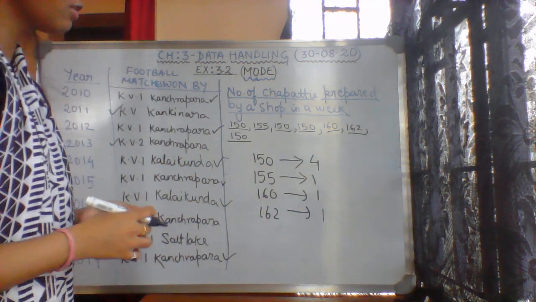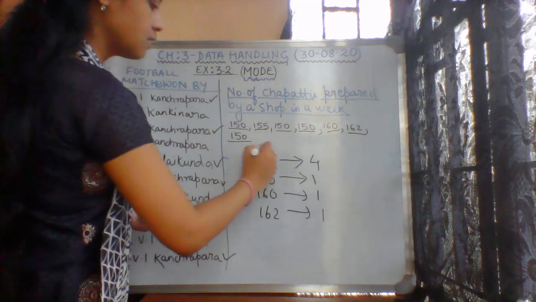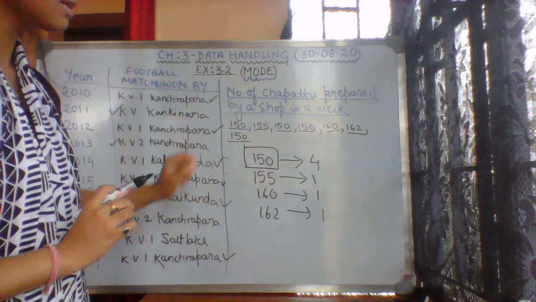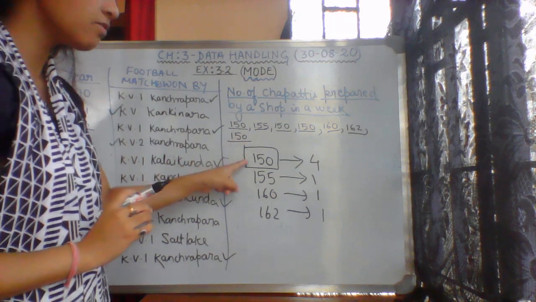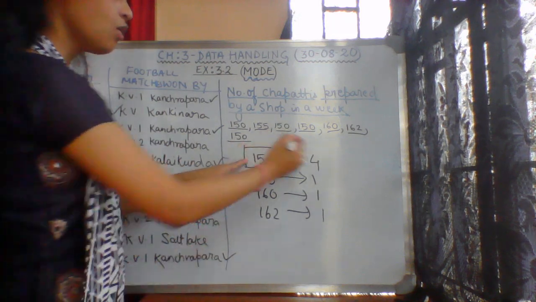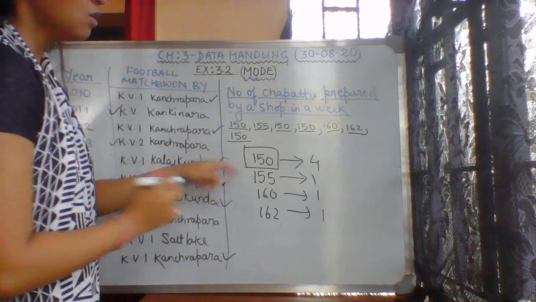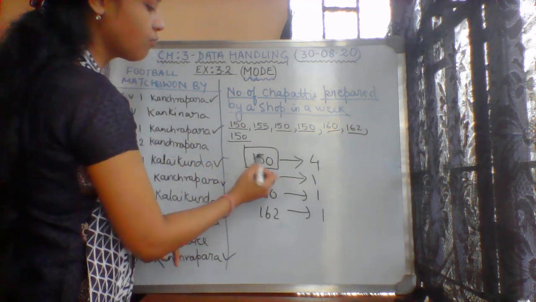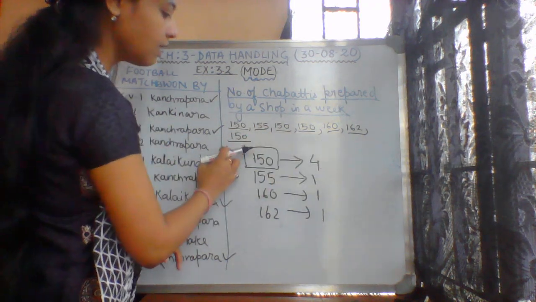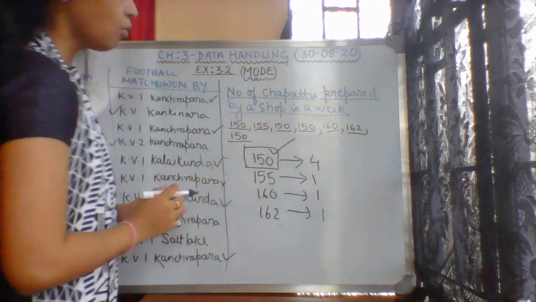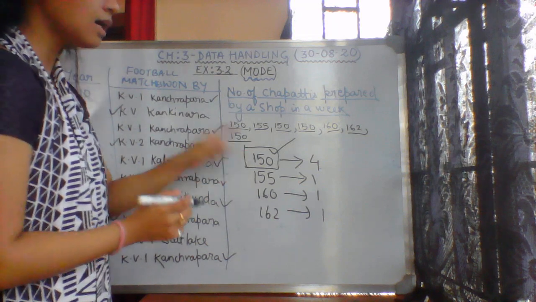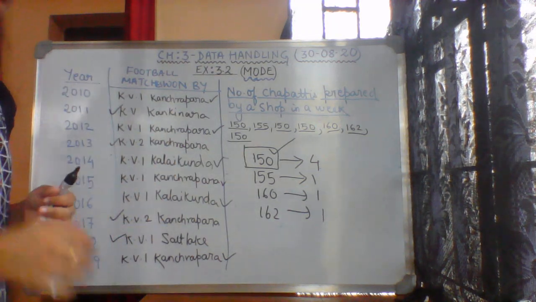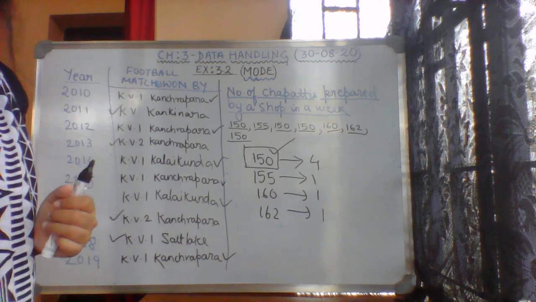So which one has the highest frequency? This observation. Mode is that observation which has the highest frequency. You can see 150 is occurring most often, so this will be our mode. What is the mode of this data? 150. So in this way we are going to learn about mode in exercise 3.2.